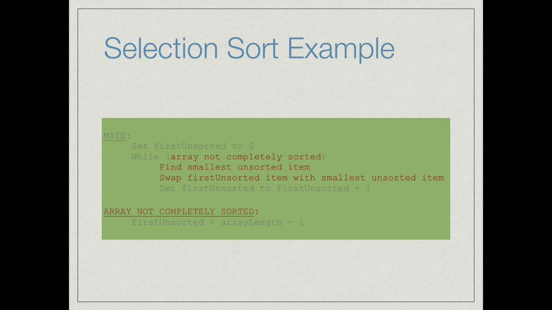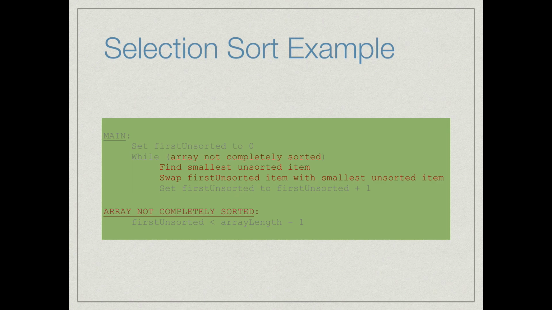So our loop becomes, while the array is not completely sorted, find the smallest unsorted item and swap the values of the first unsorted item with the smallest unsorted item. So we're only ever concerned with smaller and smaller portions of the array itself, and everything to the left of the first unsorted index we assume is already sorted.